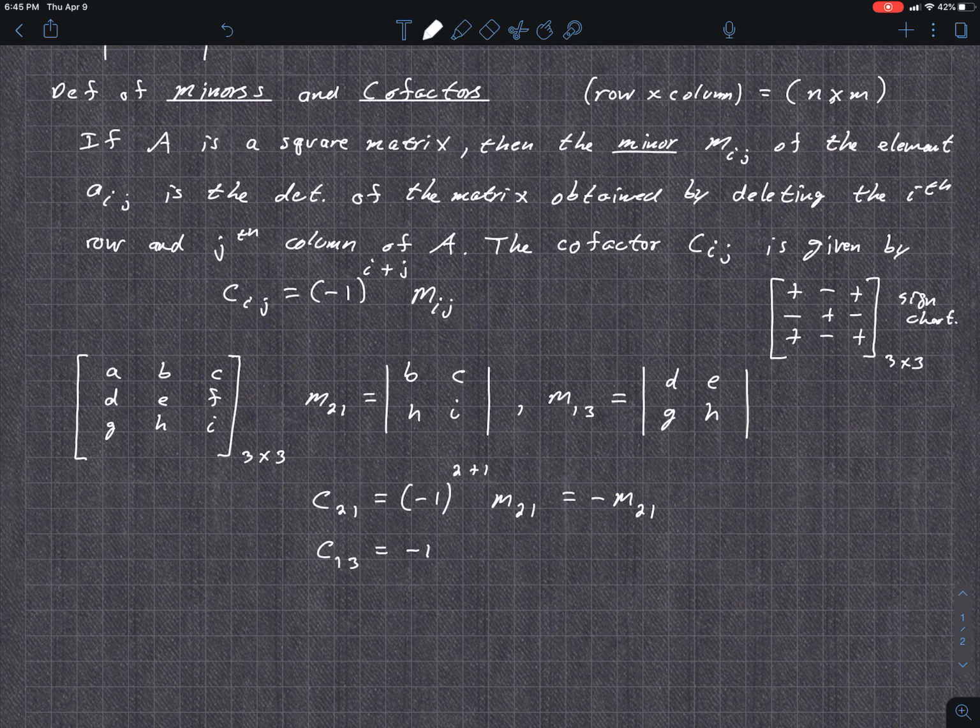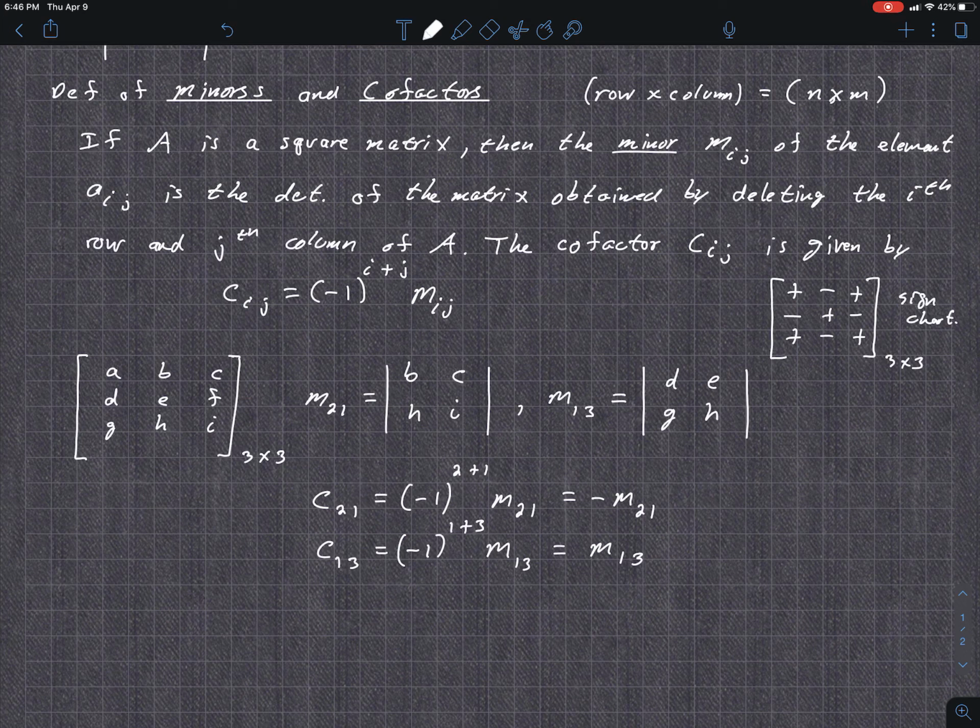All right, let's do another one. Let's try this one, C13. Negative, so try that. Pause it. Okay, now go. It's -1 to the 1 plus 3, and then it's M13.